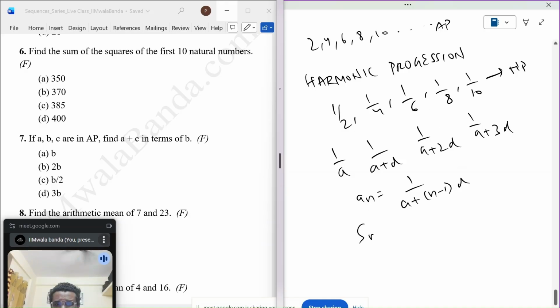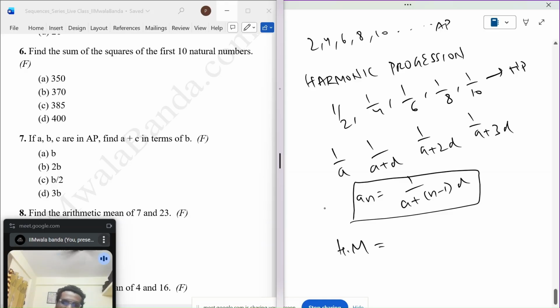And is there a formula for sum of n terms? No. We will basically find it by either taking the reciprocal, or we will stumble upon it during a question, but there is no need to learn the formula for Sn. And third thing, harmonic mean. Just like in AP, arithmetic mean was a plus b by 2, geometric mean was ab to the power 1 by 2 or root ab.